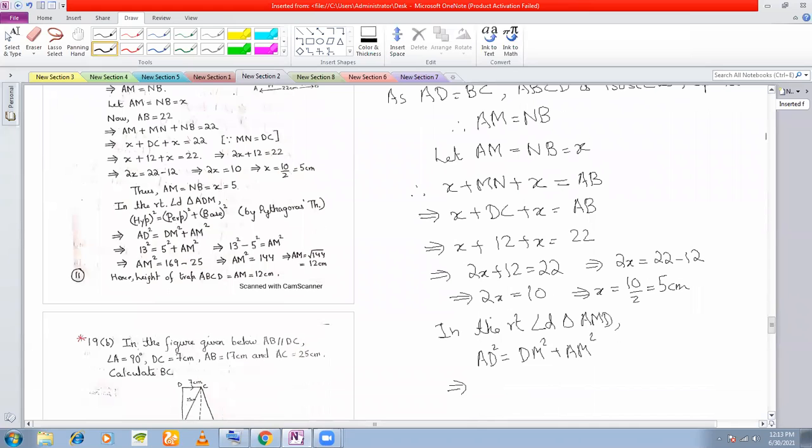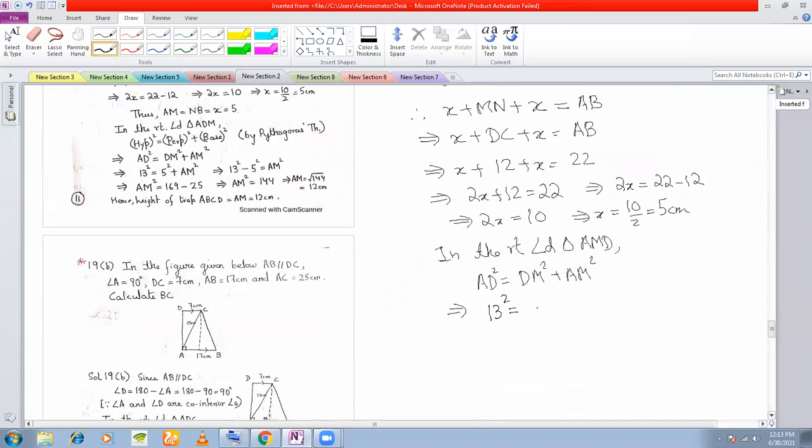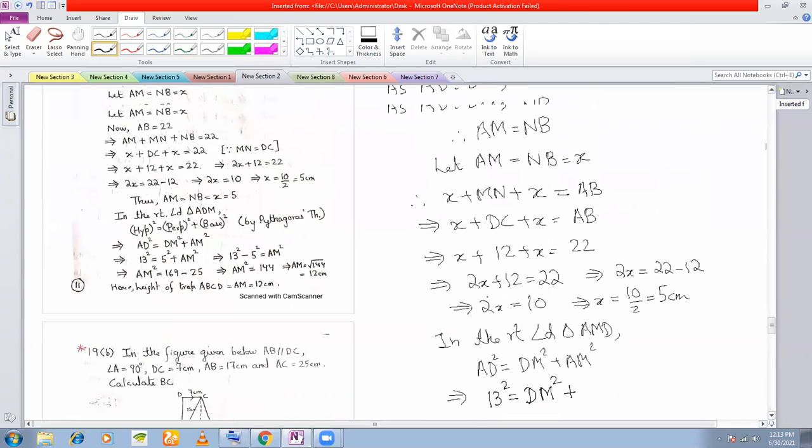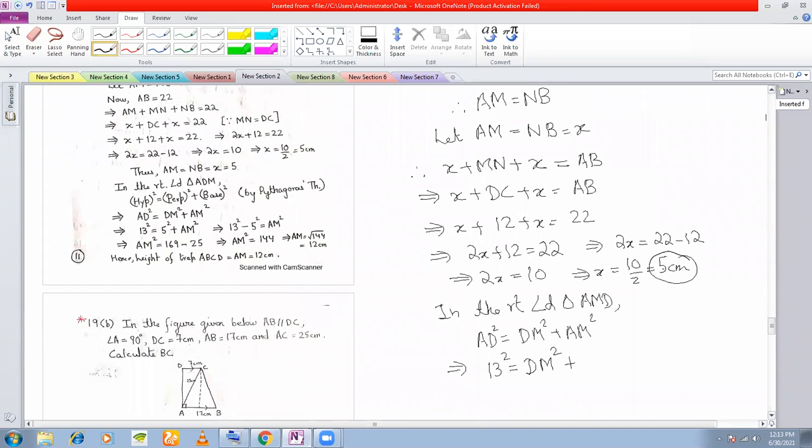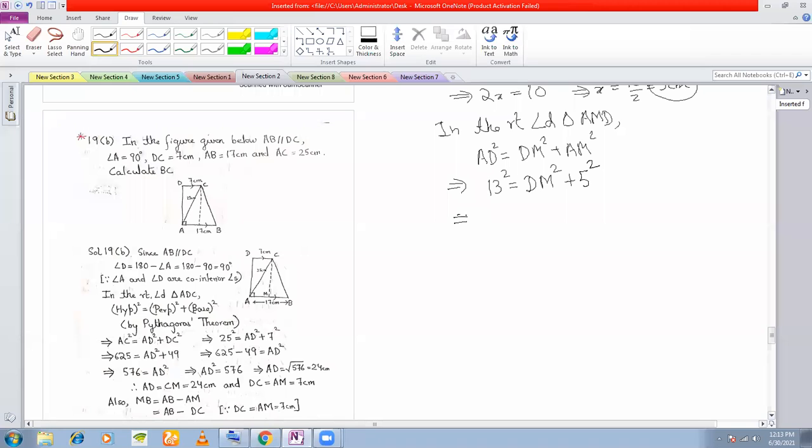Put it here: 13 square is equal to DM square, the dotted line perpendicular which we need to calculate, plus AM square. AM was X, and we have found X to be 5 centimeters. So 169 is equal to DM square plus 25.